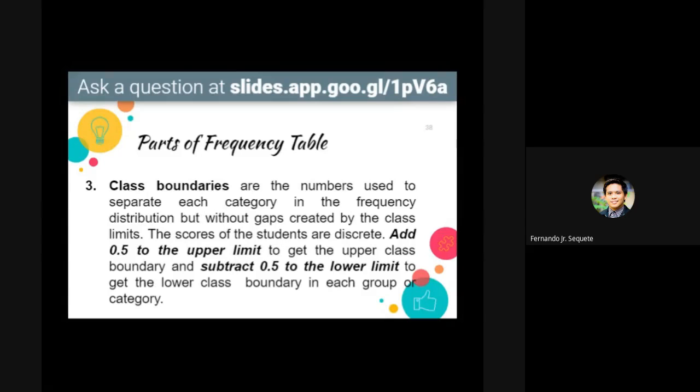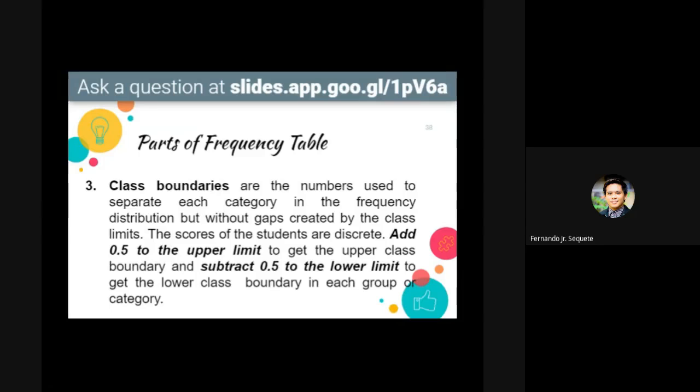As for the first rule, the scores of the students are discrete, meaning they are counts. Add 0.5 to the upper limit to get the upper class boundary.